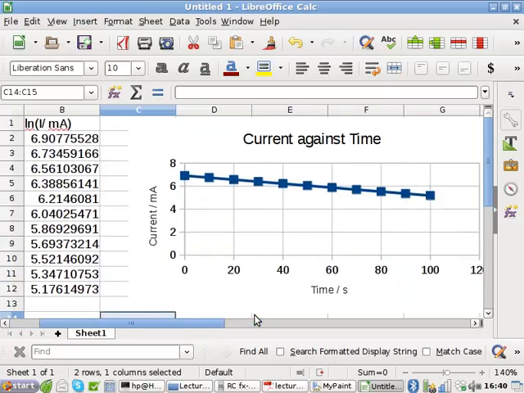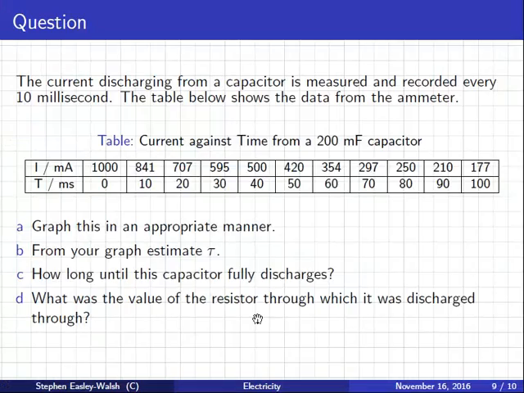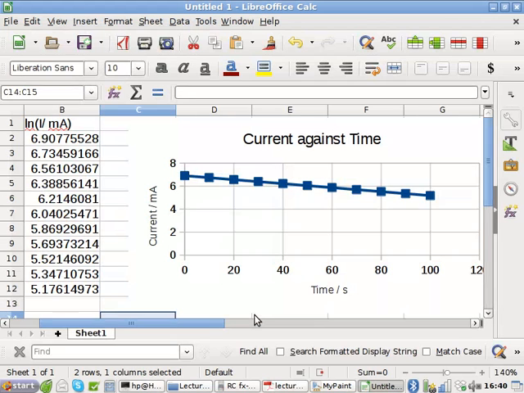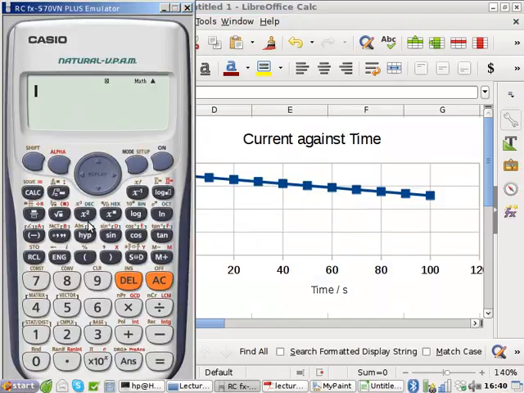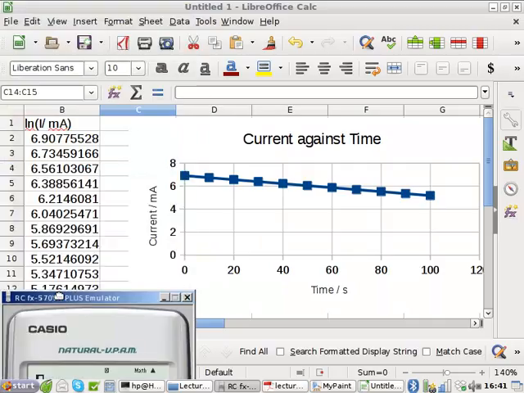What does the slope represent here? Minus 1 over time constant. And what do I ask you for in part B? The time constant, which should be minus 1 over the slope. Let's calculate the slope. We shall use the formula you know from math class, which is y2 minus y1 over x2 minus x1. So we'll take this as y2.